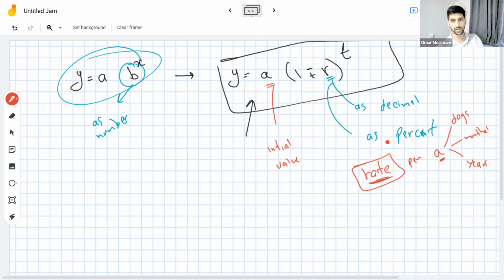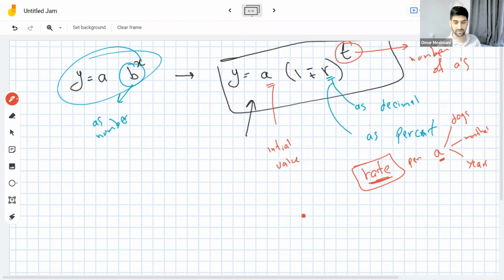And T here, guys, will represent the number of A's. What do I mean by the number of A's? If your rate is per month, the T will represent the number of months. If your rate is per year, T will be the number of years. Per day, per hour, I don't care. T is going to be the number of days, hours, minutes, depending on the rate.